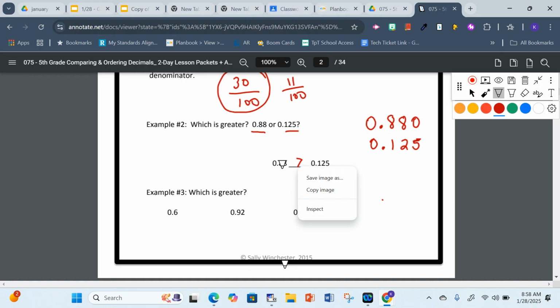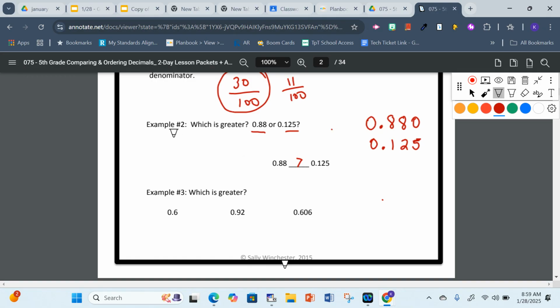So 88 hundredths is larger than 125 thousandths. Because on 125 thousandths, how many columns of tenths would be colored in? Just one. On the 88 hundredths, how many columns of tenths would be colored in? 8 of them. Okay? So that's why it's bigger.